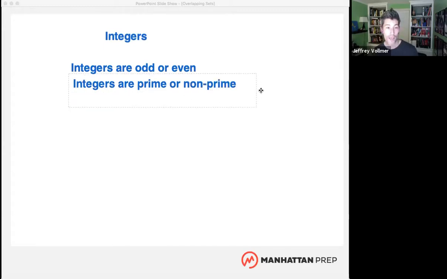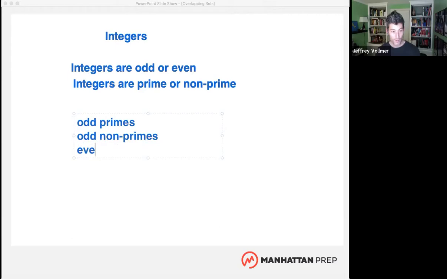And now we have some overlaps. We've got odd primes, we have odd non-primes. We have even primes, probably not primes plural. I think we know there's only one of those, but we'll just go ahead and categorize this as even primes, and we have even non-primes.